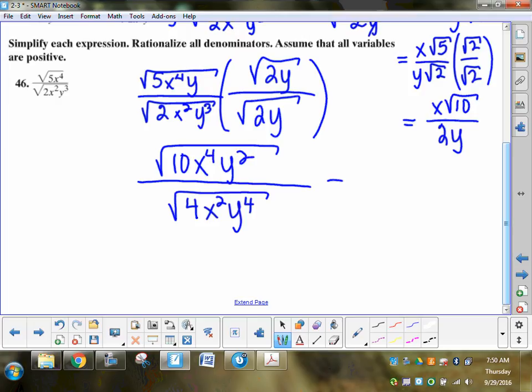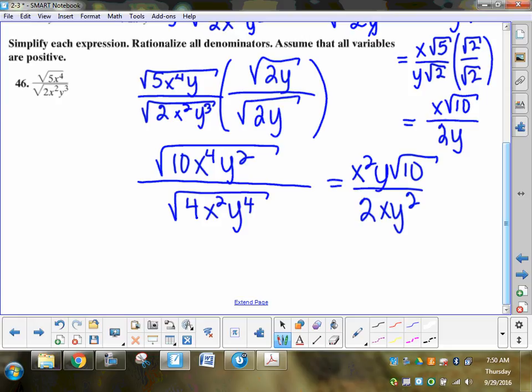Can you simplify the denominator? Sure. That goes to 2xy squared here. And then in the numerator, you would have root 10 stays the same. This would be x squared and then a y.